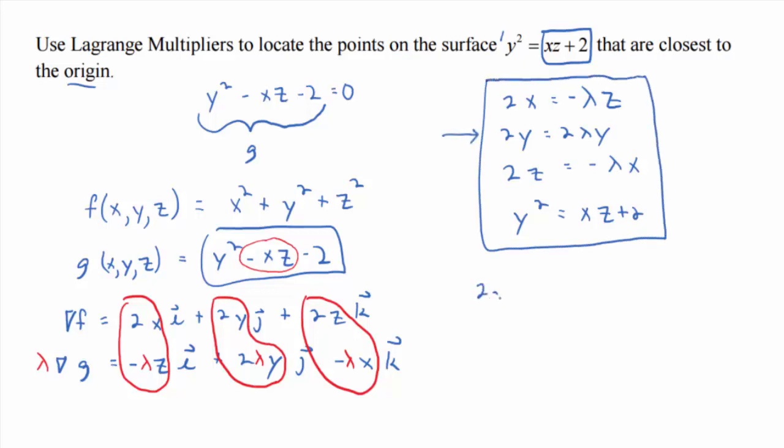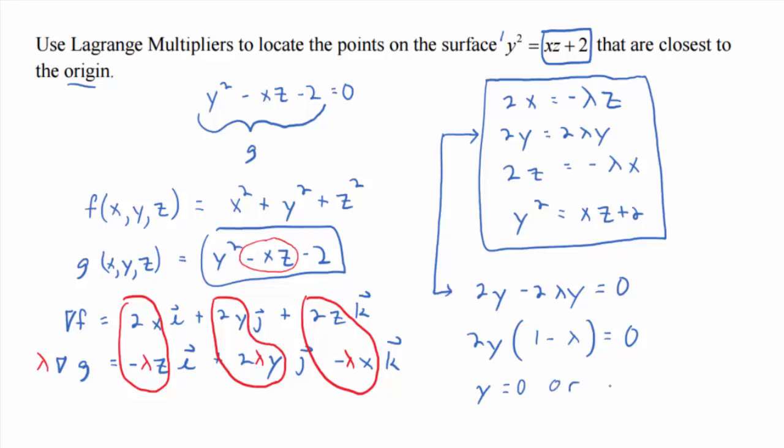So 2y minus 2 lambda y equals 0. So this is from the second equation. And then we'll factor out the 2y, which leaves us with what? 1 minus lambda? It's a pretty common thing to get, isn't it? So then you get two possibilities, either y equals 0 or lambda equals 1.